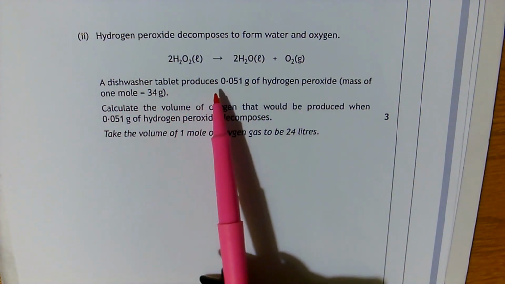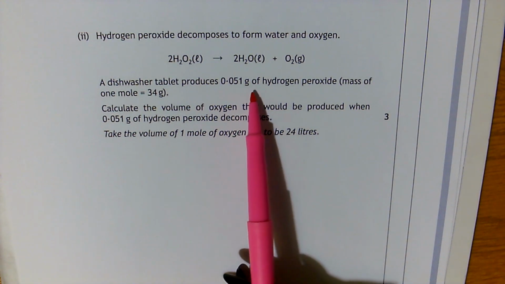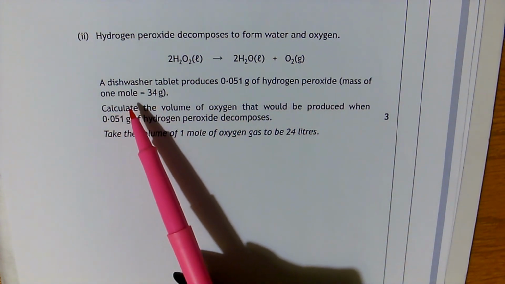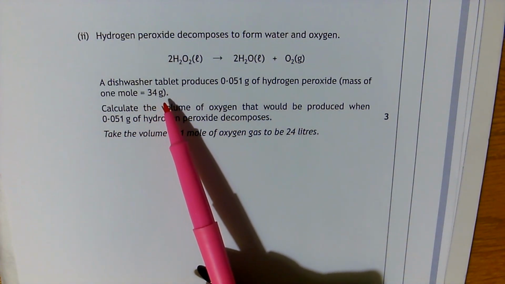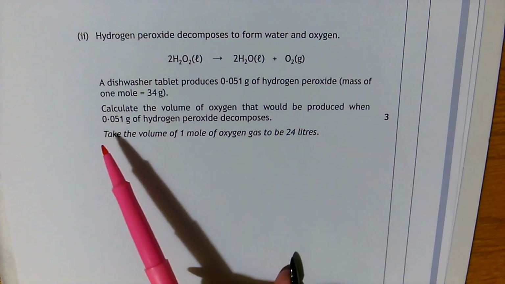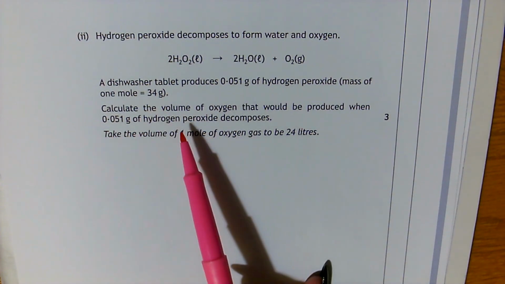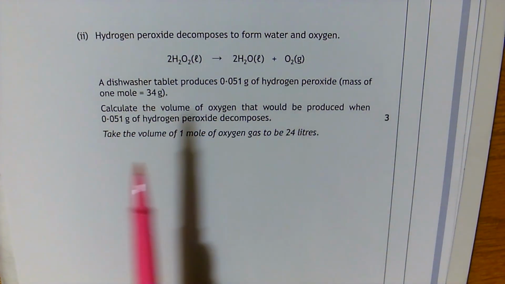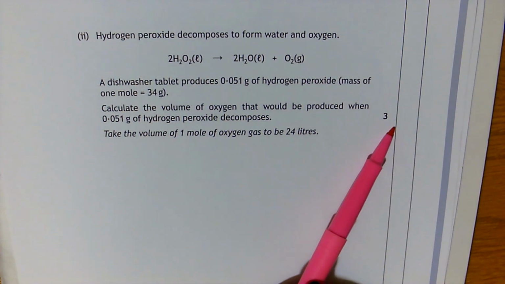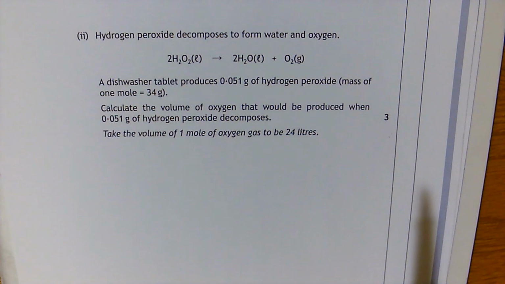A dishwasher tablet produces 0.051 grams of hydrogen peroxide, which the mass of 1 mole, i.e. the gram formula mass, is 34 grams. Calculate the volume of oxygen that would be produced when 0.051 grams of hydrogen peroxide decomposes. Take the volume of 1 mole of oxygen gas to be 24 litres. And this is worth 3 marks.